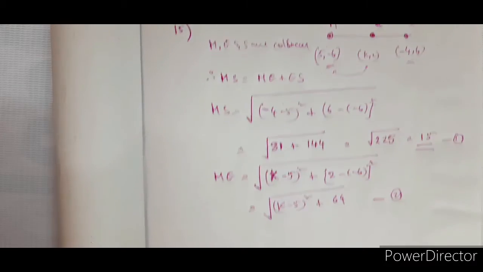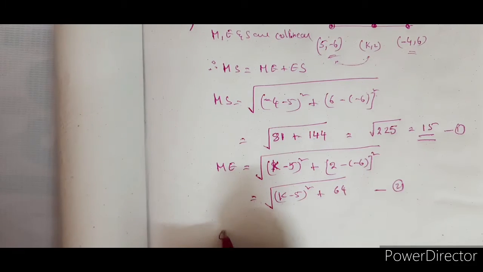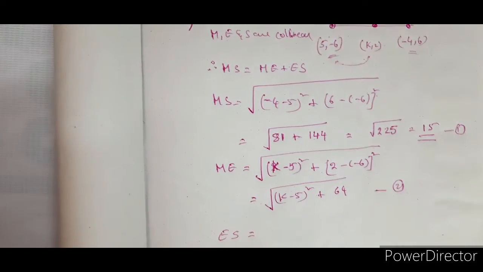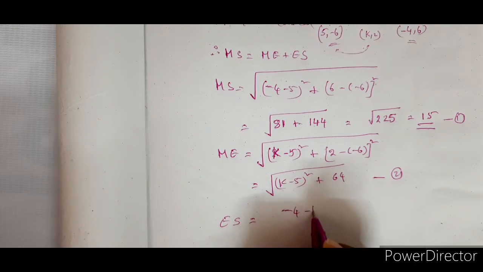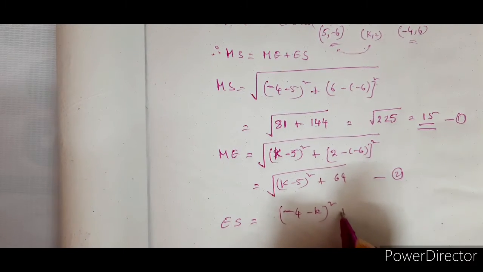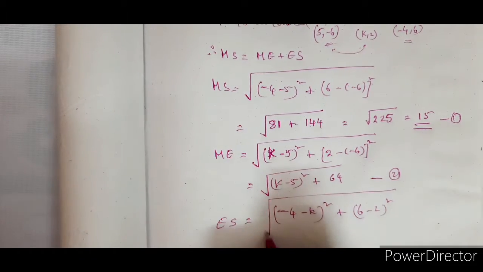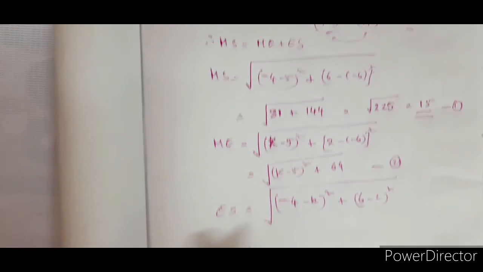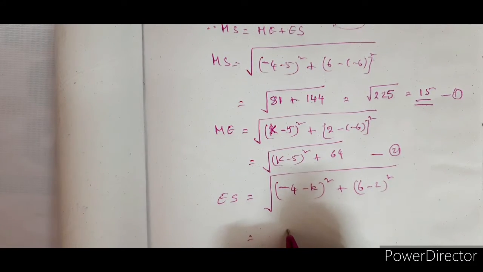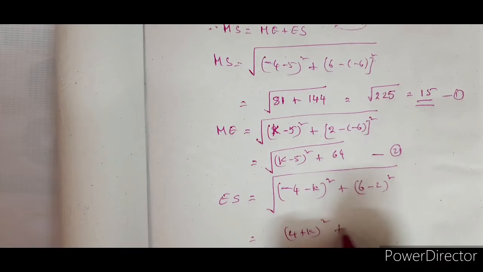So now the next one, ES. ES is equal to square root of (-4 - k) whole square plus (6 - 2) whole square. Taking minus common, you can write it as (4 + k) whole square, no harm in this, plus 6 minus 2 is 4, square is 16, under root.